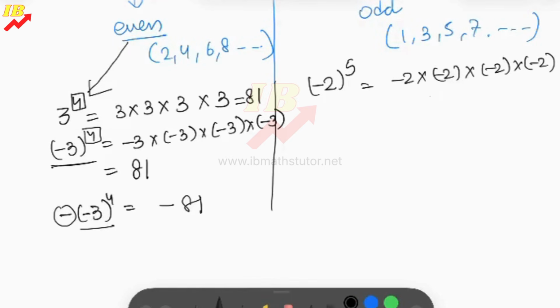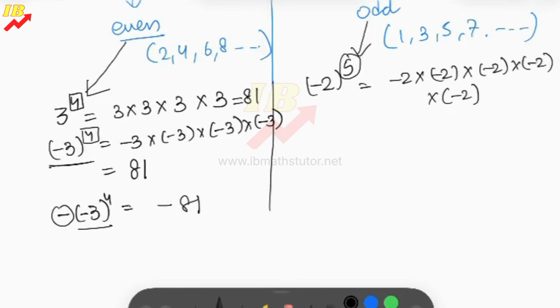As I told you, whenever you see an odd power, your answer is going to be negative. So 2 to the 5 is going to give you 32, but it should be a negative one here. I hope you understand what exactly the even and the odd powers make here.